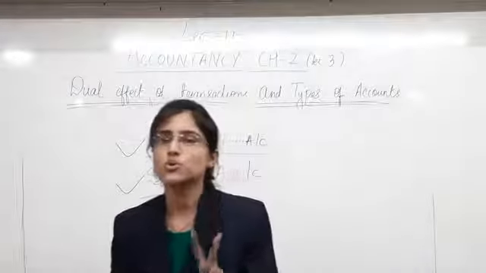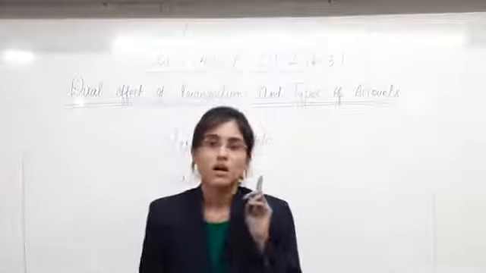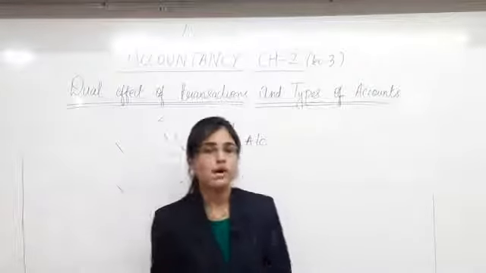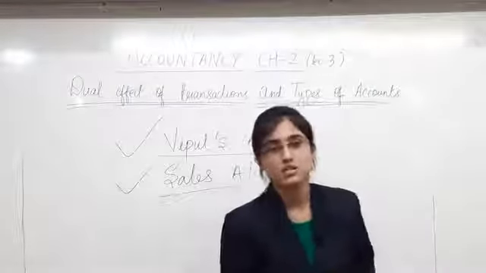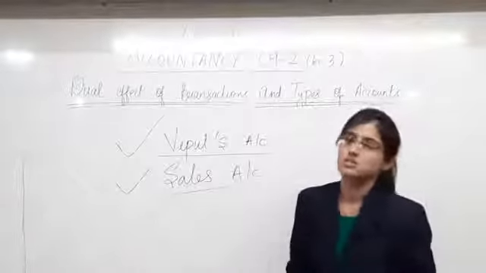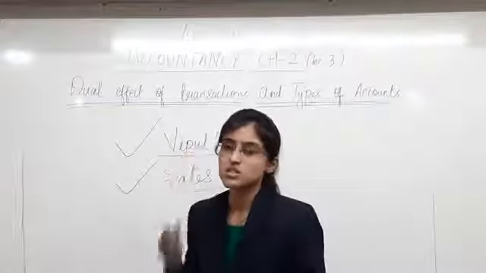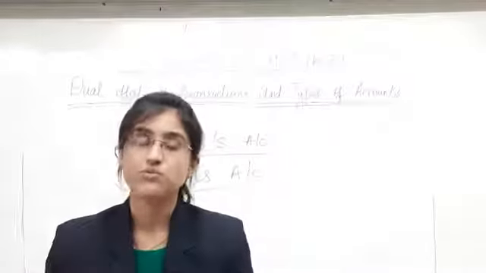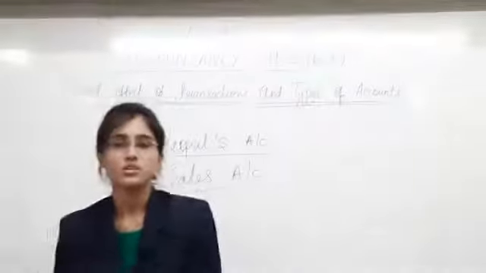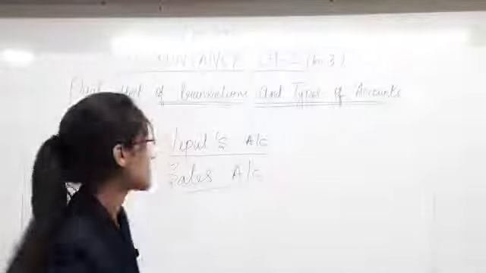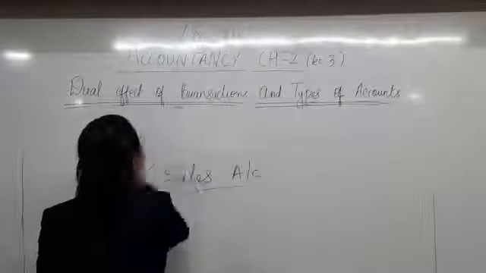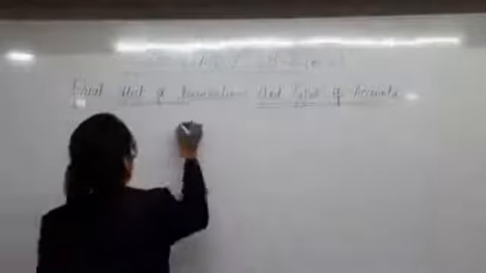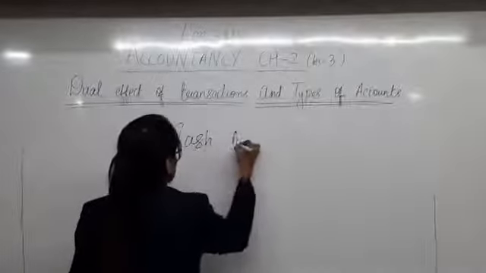Out of the two effects, there will be an effect of cash account or bank account definitely in case of a cash transaction. And this transaction says that you have sold goods worth rupees 2000 for cash. Yes. So the first effect is with no doubt cash effect. So cash account is the first effect.